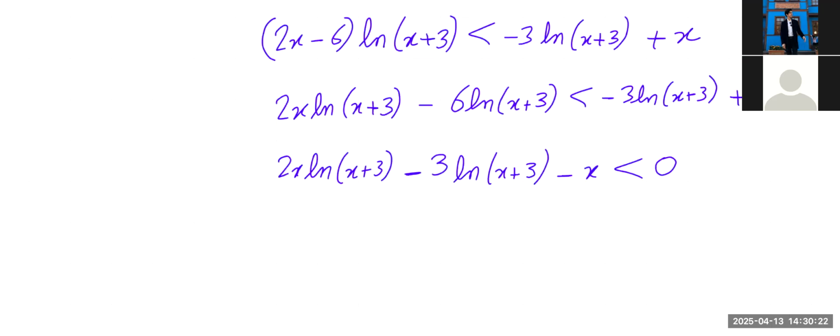Okay, so what do I do now is the question. How would I solve this?